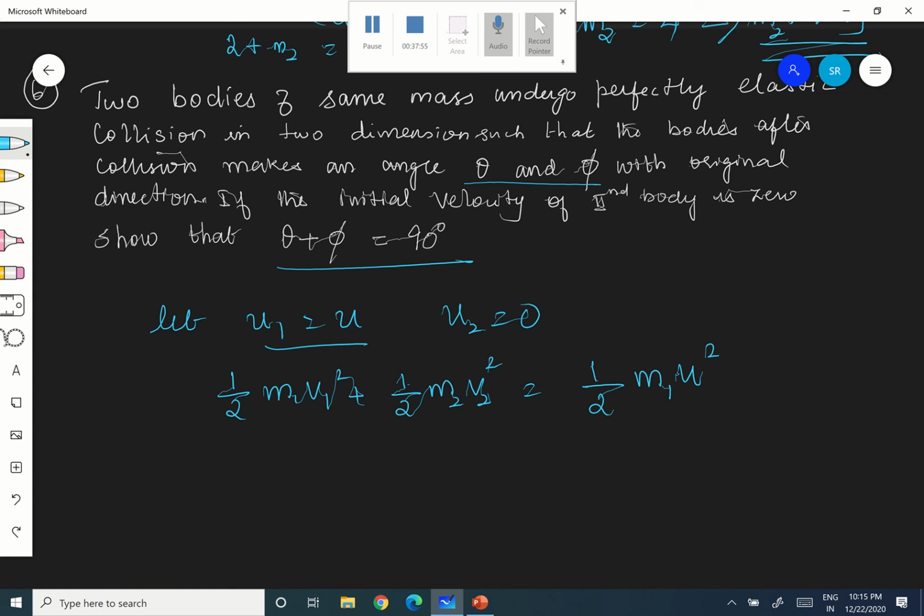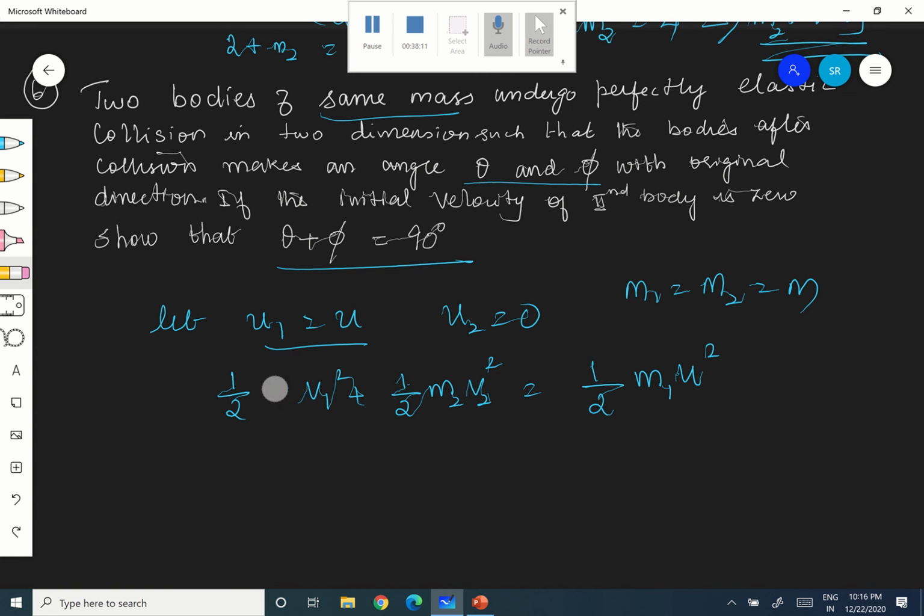Both have the same mass, so let m1 equal m2 equal m.